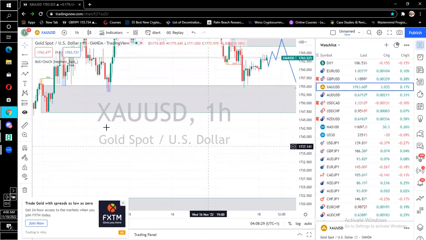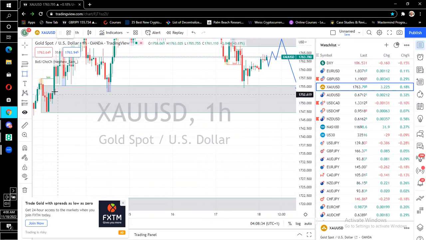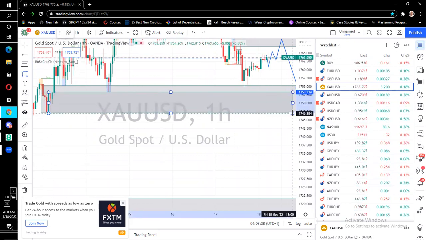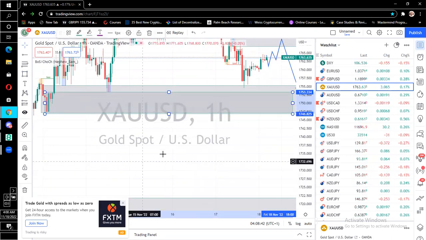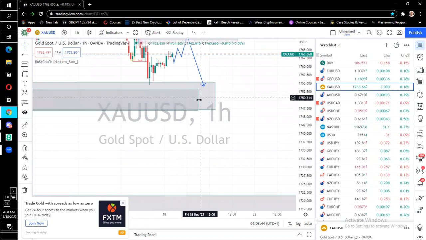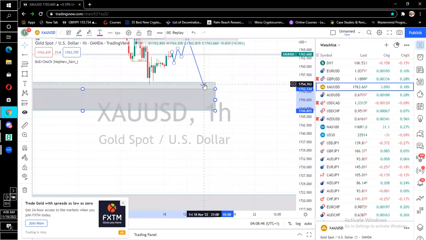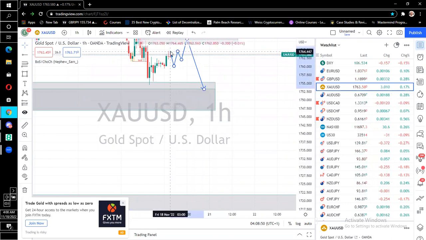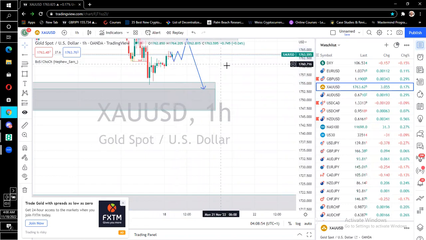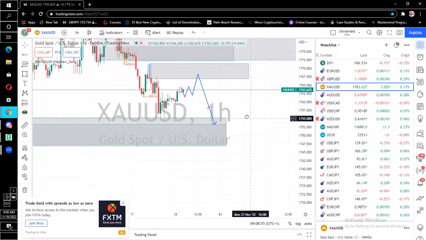As it's coming down, it will be coming down here to this zone here. Okay. Good. Now this is the first bias.